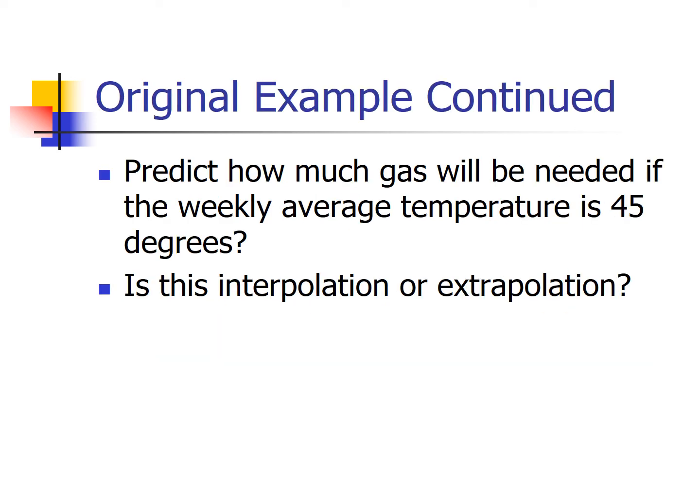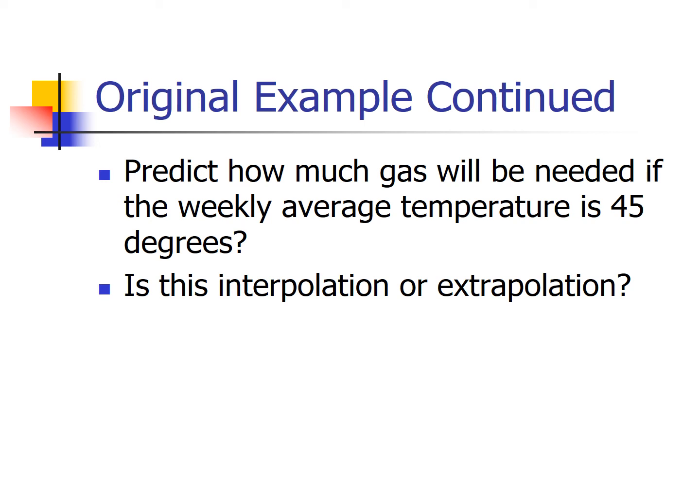So let's go to our original example. How much gas will be needed if the weekly average temperature is 45 degrees? It's really powerful to be able to answer this type of question, isn't it? Imagine you're Pico, and Pico gets their gas from someone else.